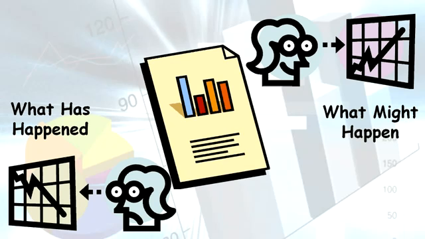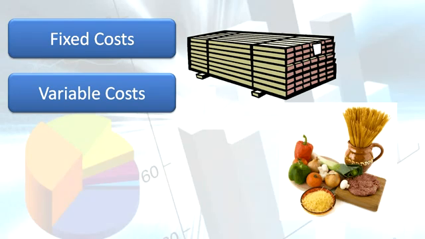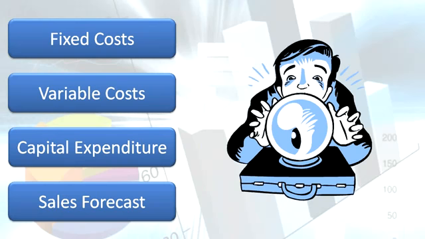The estimates should be based on historical data, information about competitors, quotes from suppliers, etc., and needs to include the following: the likely level of fixed costs for the forecast period, things like staff wages and depreciation on equipment, variable costs like raw materials and ingredients, the likely level of capital expenditure on things like machinery and equipment, and here's one that I haven't covered in a previous video, a sales forecast.